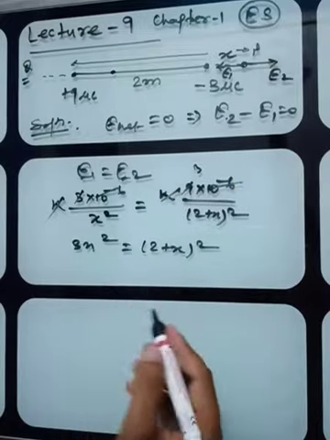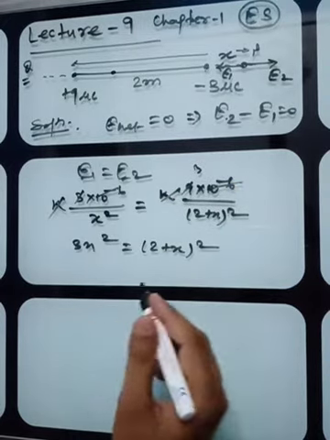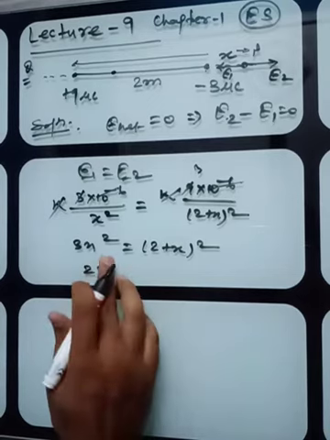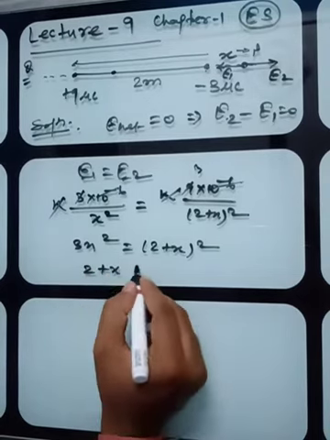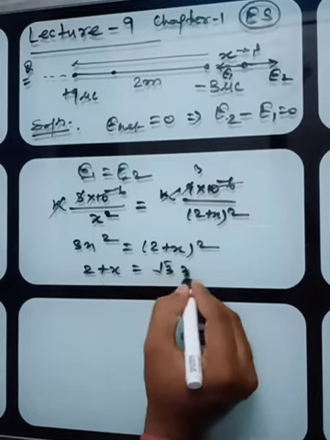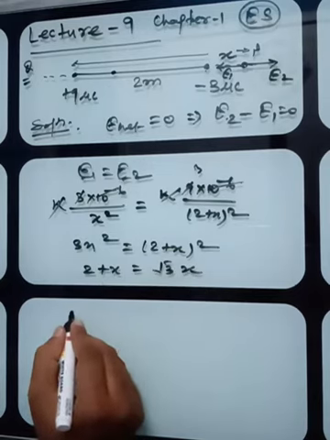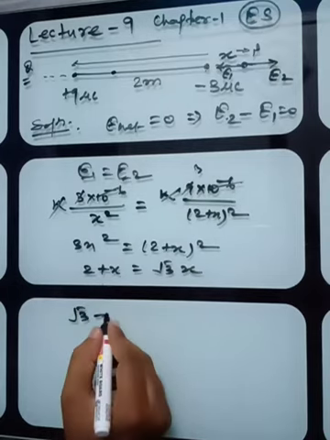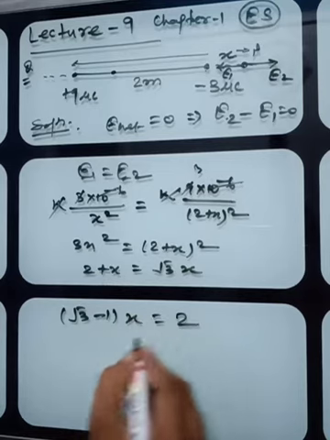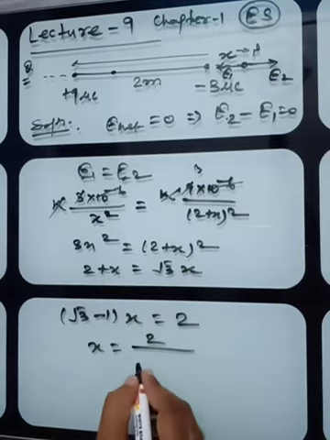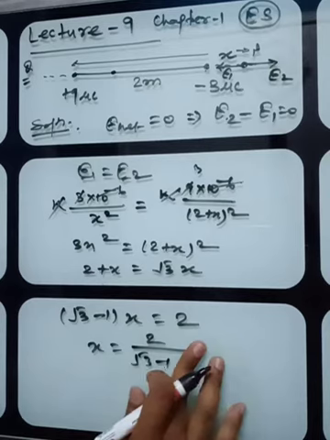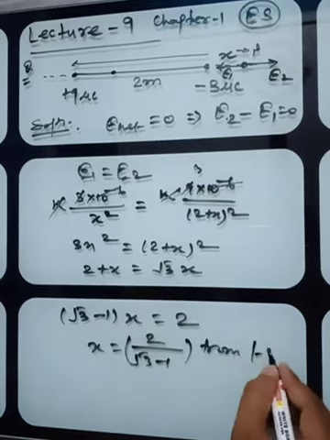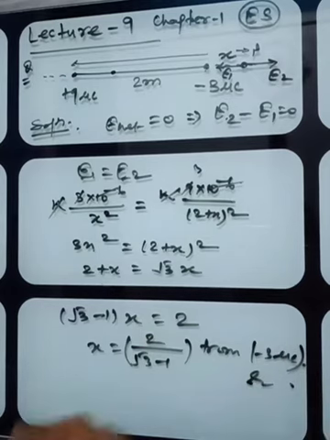Due to this, the calculation is becoming a little complex, but don't worry. 2 plus x is root 3 times x, so (root 3 minus 1) x equals 2. So x is 2 over root 3 minus 1, from which charge? From the minus 3 microcoulomb charge.